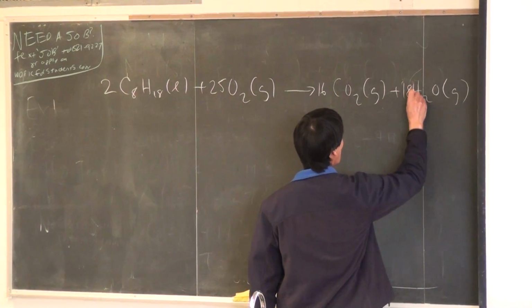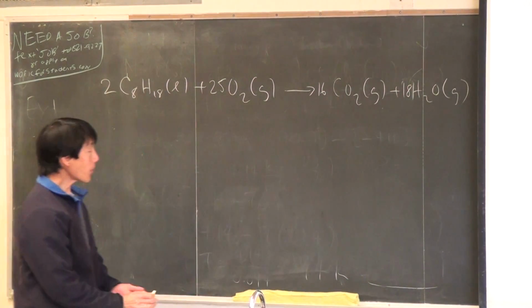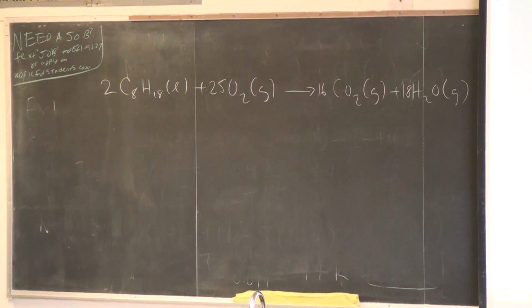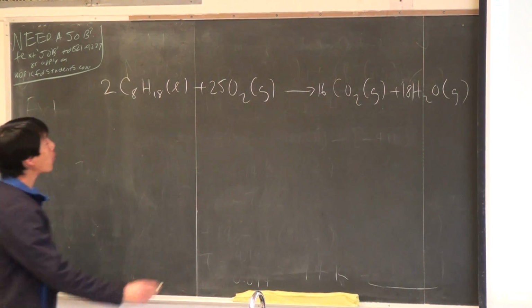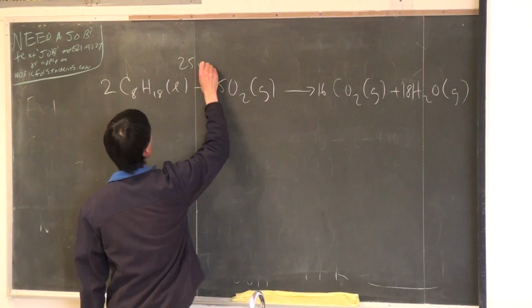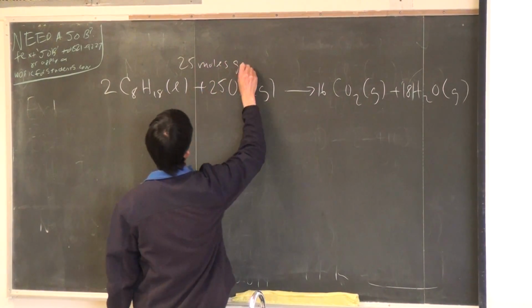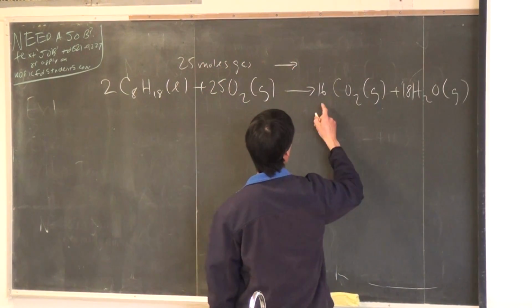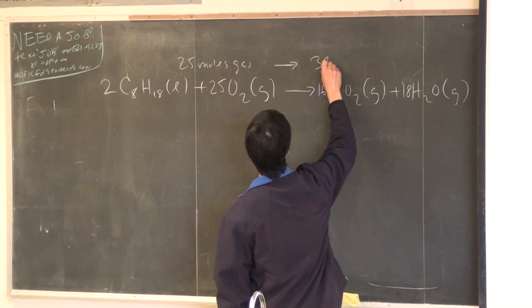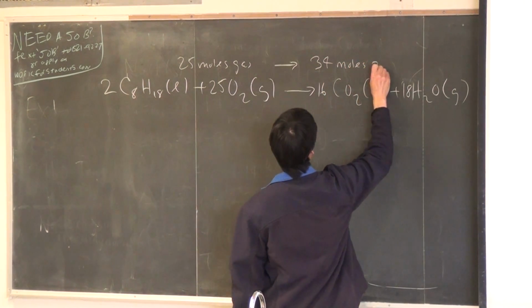So we know that from our calculation of work, that's based on gases. So note that we have 25 moles of gas reactants going to, let's see, 16 plus 18 is 34 moles of gas products.